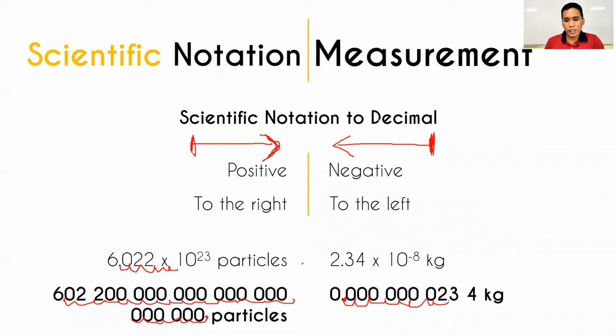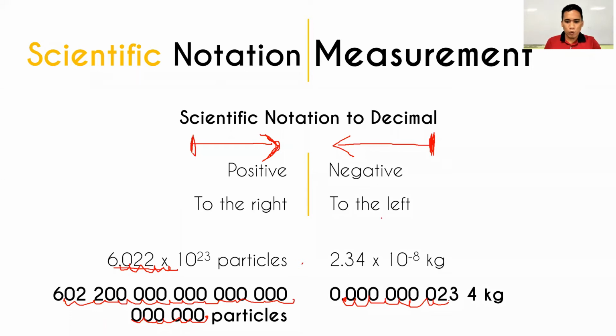Okay, just always remember that if it is a positive exponent of your 10, then it means that it is a very big number. For example, 6.022 times 10 to the power of 23. Since it is positive, the result is a very big number.